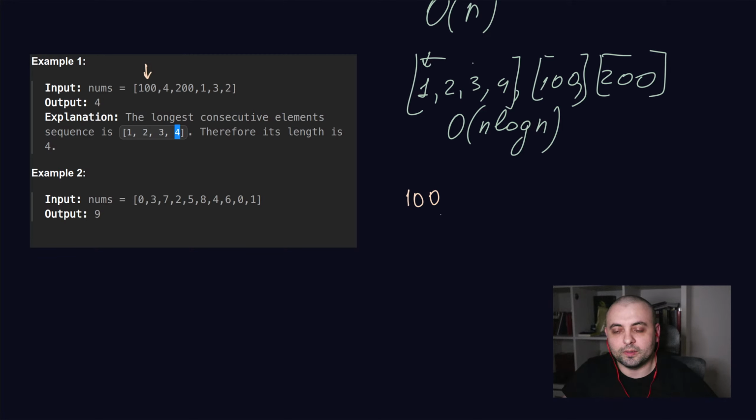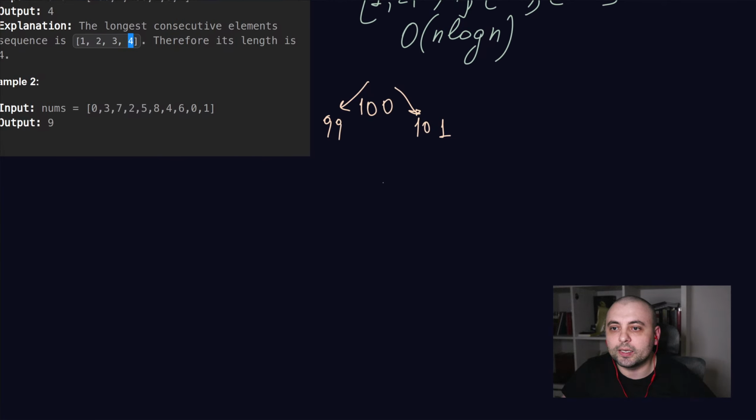If you want to know if 100 is in the middle, then probably the best way is to check if there is a previous element like 99, or there is 101, and check somewhere if those items are in our array. This is a little bit tricky because we cannot iterate over our array multiple times, so we cannot use searches and finds.